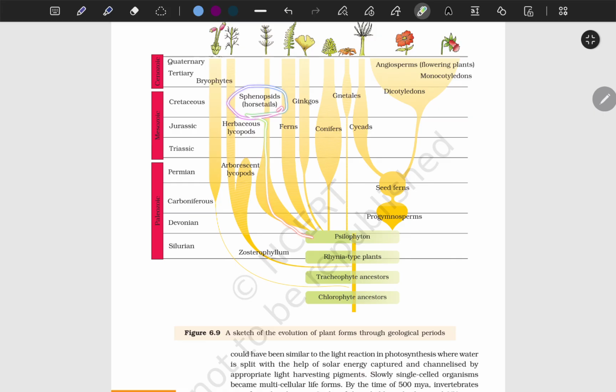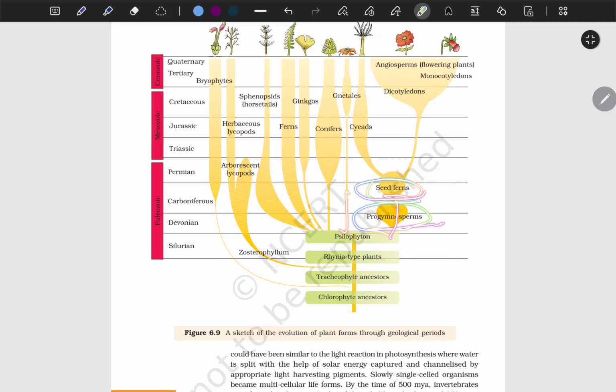sphenopsids, the horsetails, in the Cretaceous period of the Mesozoic era, and give rise to ferns in the Jurassic period of the Mesozoic era, and to the ginkgos in the Cretaceous period of the Mesozoic era, and to conifers in the Jurassic period of the Mesozoic era, whereas they give rise to gnetales in the Cretaceous period of the Mesozoic era, and to progymnosperms in the Devonian period of the Paleozoic era, and to seed ferns in the Carboniferous period of the Paleozoic era.